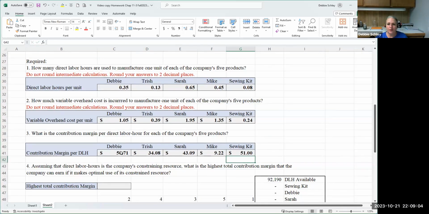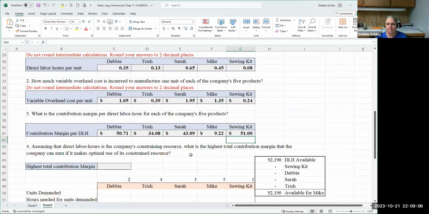Okay, so if we notice, the sewing kit is the most profitable per hour. And then Debbie. And so that's why I've numbered these down here. And this is just where I'm going to do some calculations. And then Sarah, and then Trish, and then Mike is the least profitable.